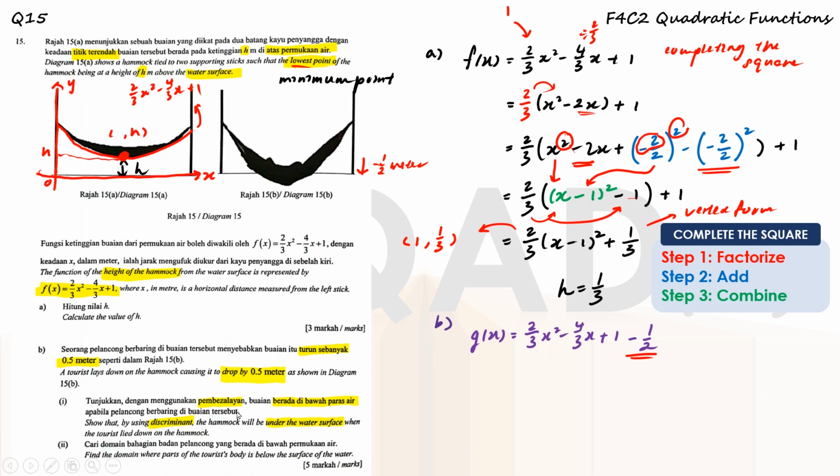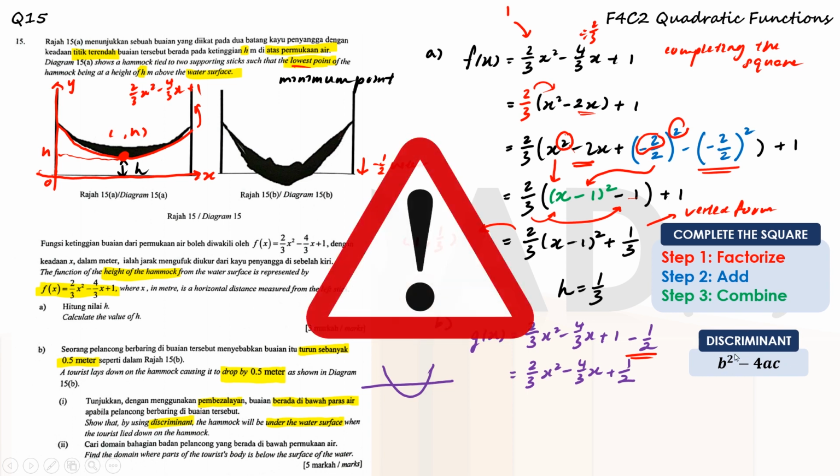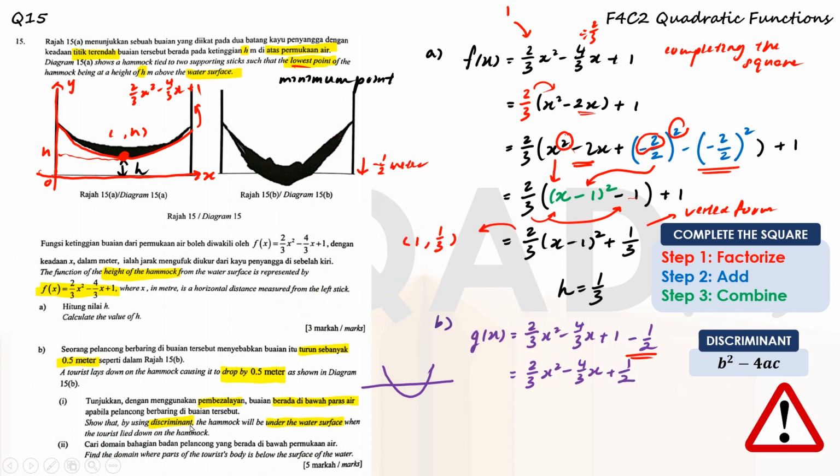Alright, so now for part 1, we will show that using discriminant, the hammock will be under the water surface. Right, so the first thing, what is discriminant? So discriminant is this value, b squared minus 4ac. So how does discriminant relate to the question that we are solving?